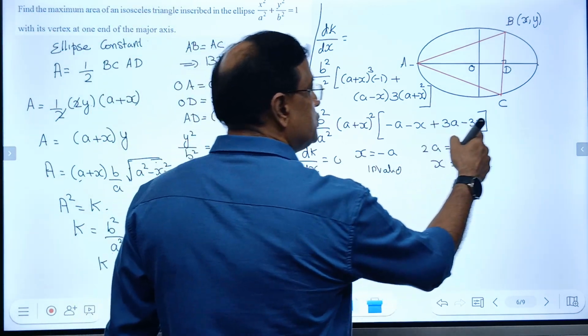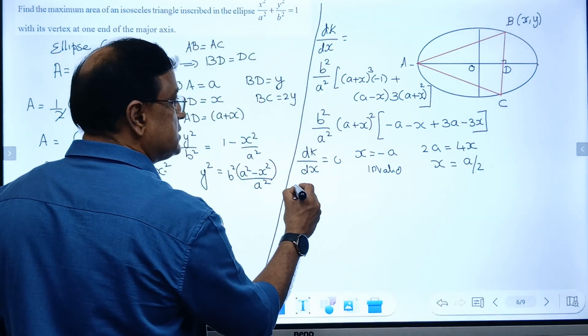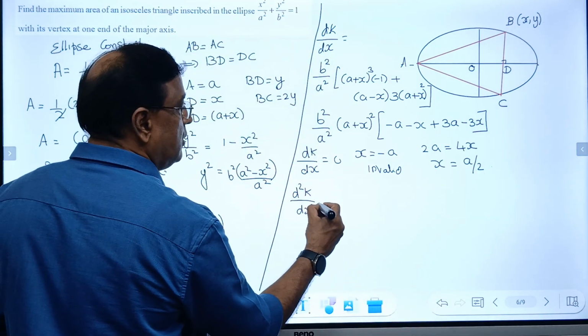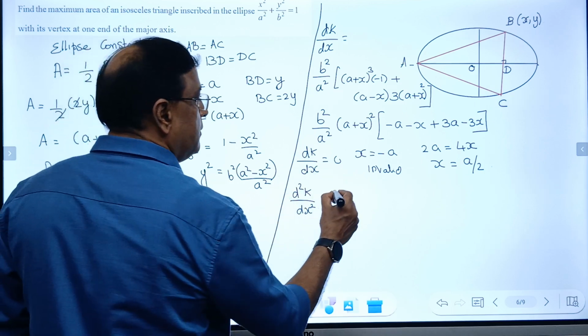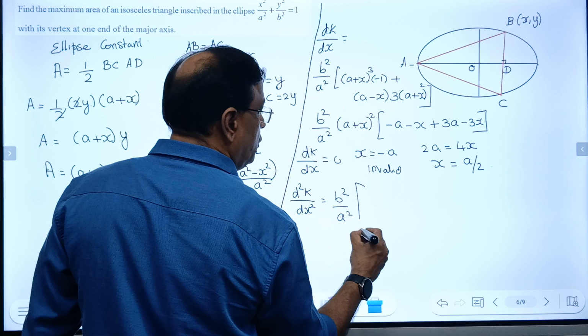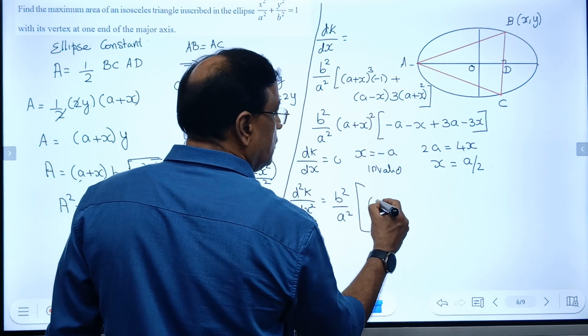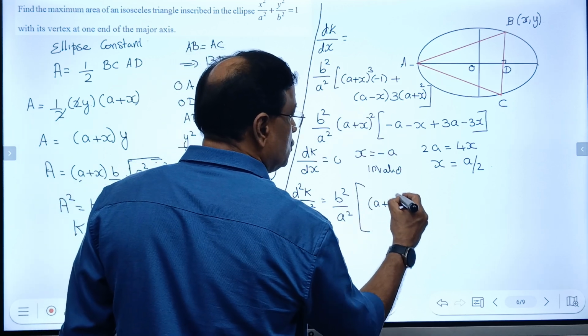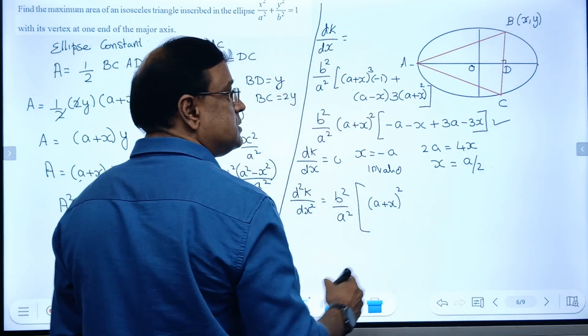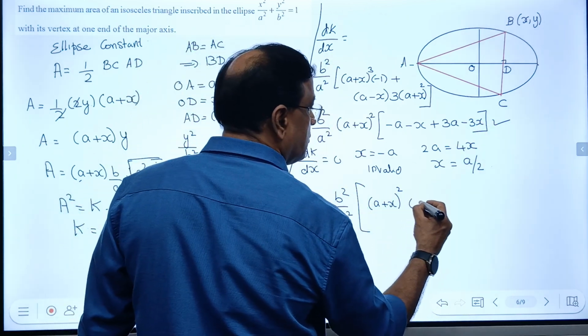Now I want to differentiate again to check whether it is maximum or not. D square k by dx square. What is that? B square by a square is common. Now I am going to use product rule for this. So it is a plus x the whole square. Now how do I differentiate this? This is nothing but minus 4.